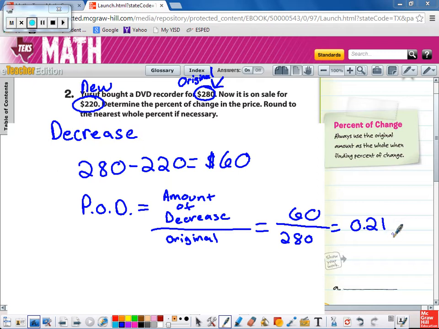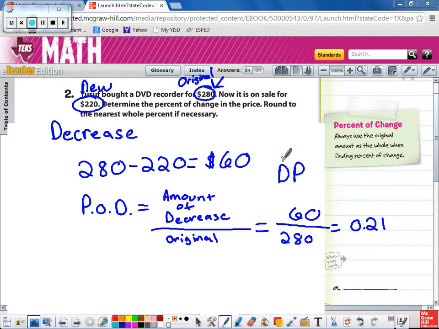0.21. Now I'm left with 0.21, but I can't use that yet because it has to be in a percent. So again, I have to go back to my DP, and I have a decimal, and I need to change that to percent.